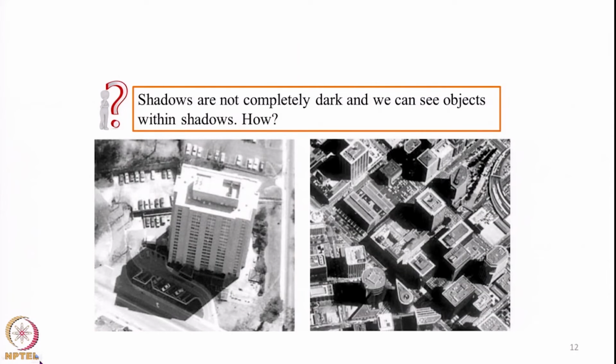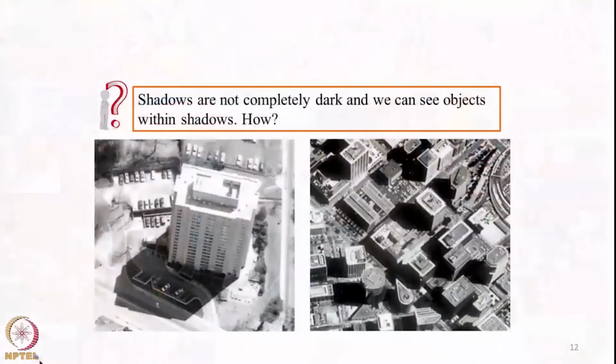Before we close down, I just want to put one more question to you. We discussed atmospheric scattering and atmospheric absorption. Related to that, this question is there in this particular slide. The shadows that we see are not completely dark and we can see objects within shadows, like this tall building and its shadow is falling on the ground, still we can see whatever is there in the shadow.